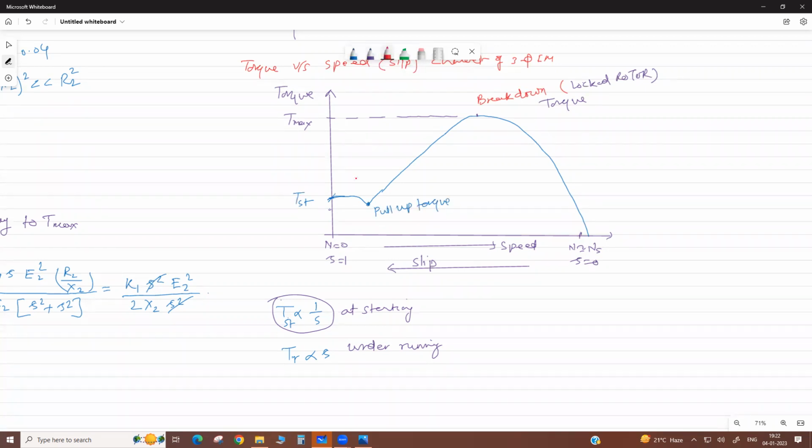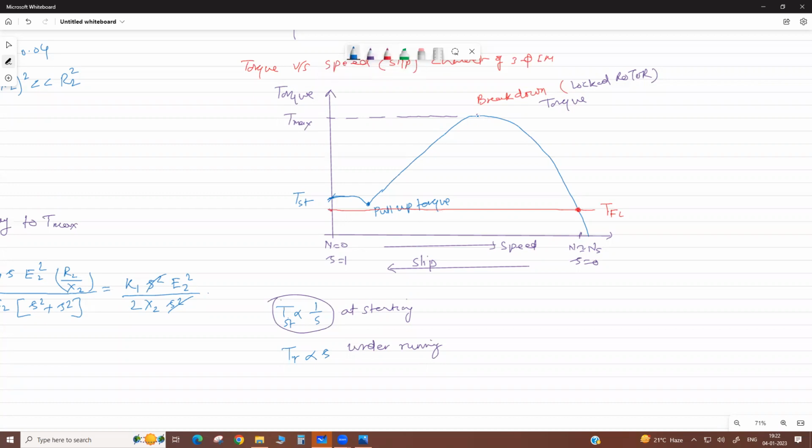Now your full load torque: the motor is operating here, and this is your full load torque, TFL. Okay, this value is cut here.